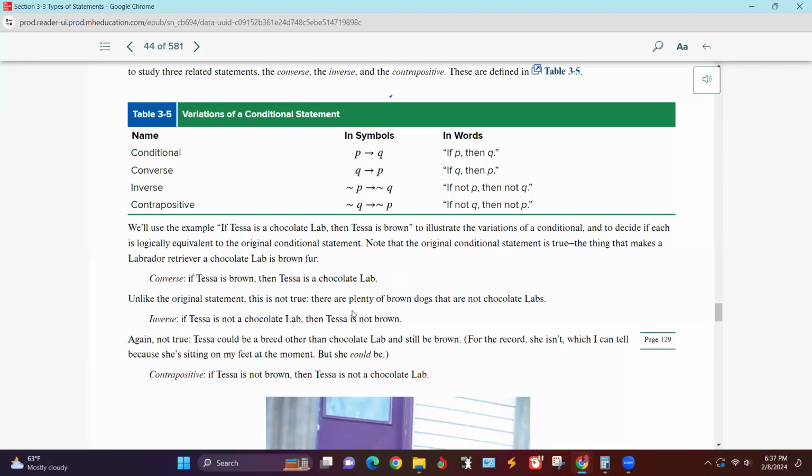And then lastly, the contrapositive. If Tessa is not brown, in other words, we're taking the order of the converse and negating them, much like we did for the inverse. So if Tessa is not brown, then Tessa is not a chocolate lab. So that's what we call the three variations of the conditional statement.